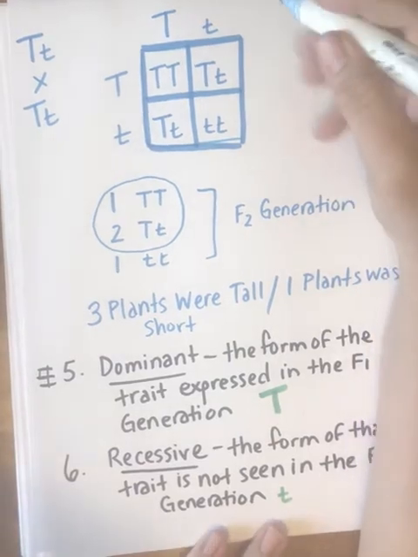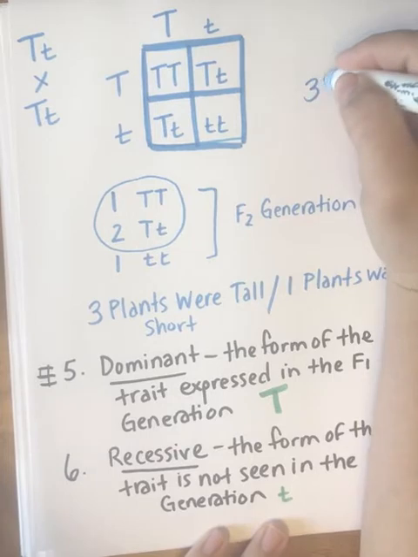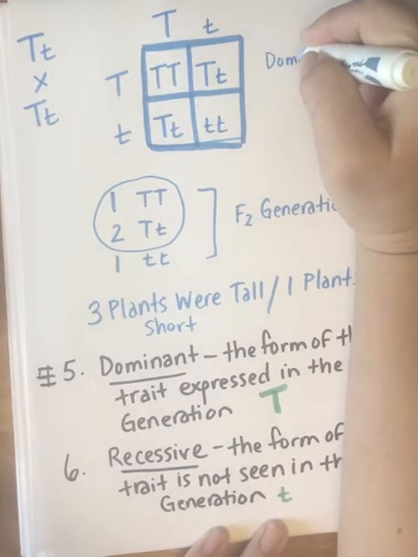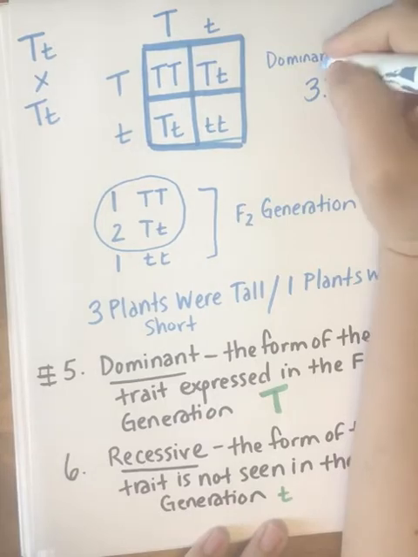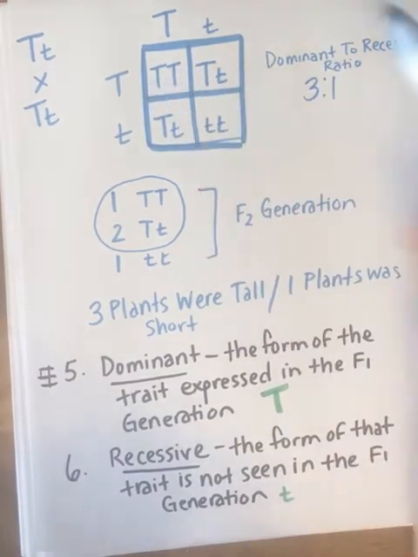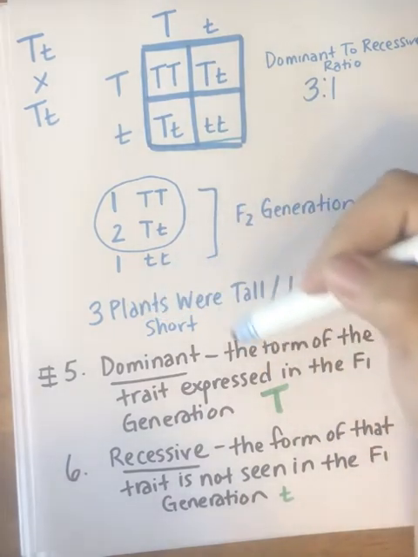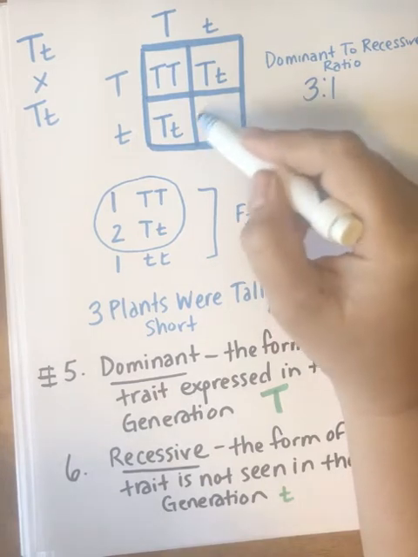This is the dominant to recessive ratio. If you have a big letter, that is dominant. So we have 3 plants that are tall, 1 plant that is short, so we say only 1 has all recessive traits.